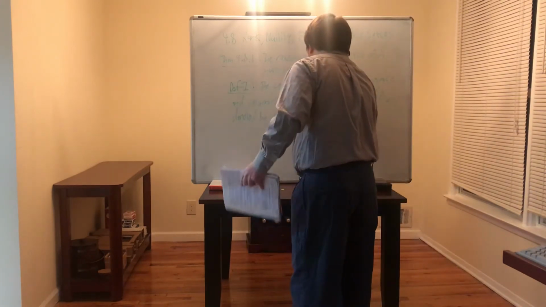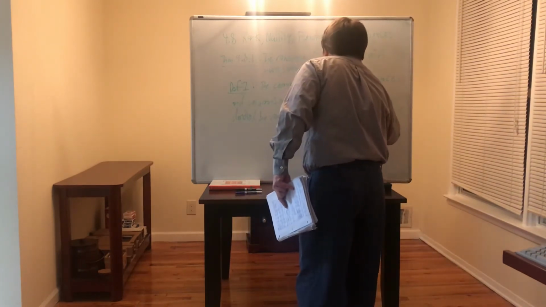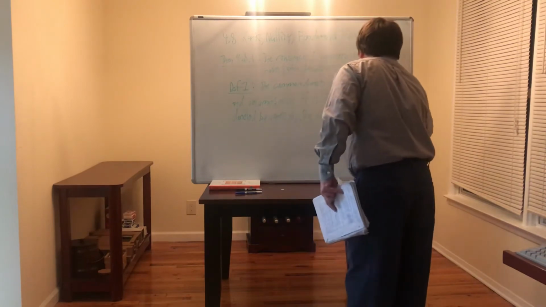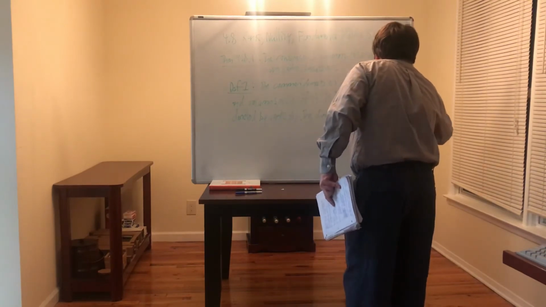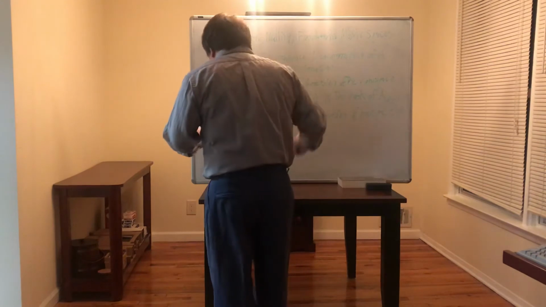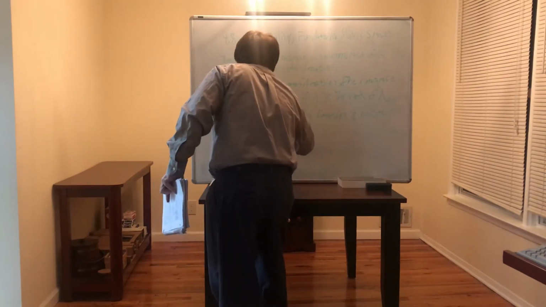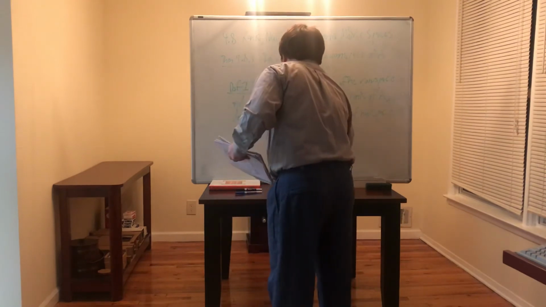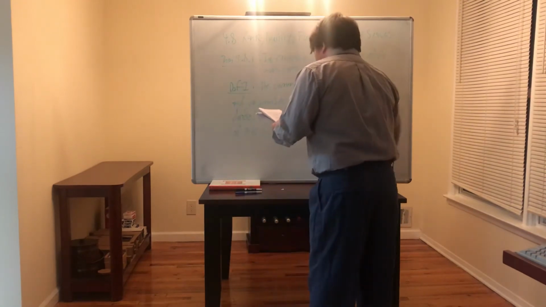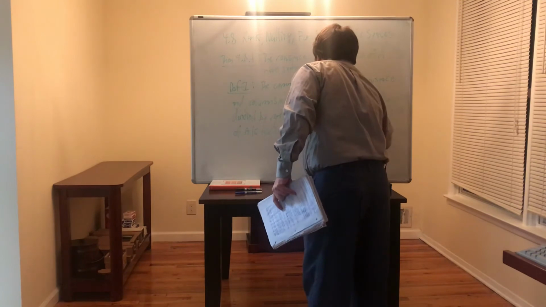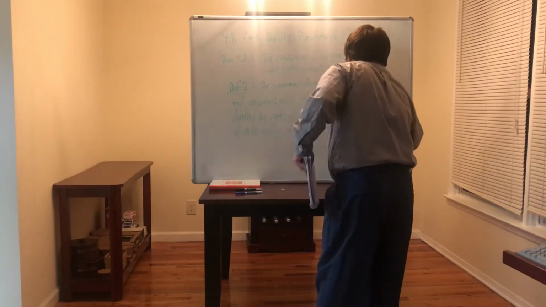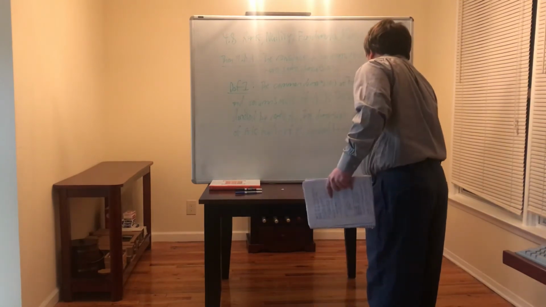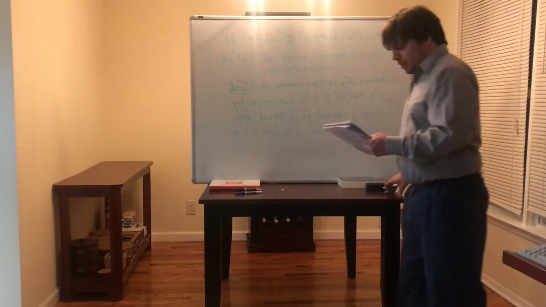The dimension of the null space is the nullity of A, denoted by nullity parentheses A. Okay?